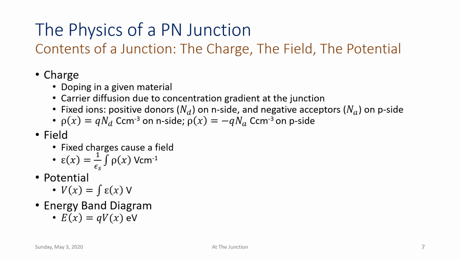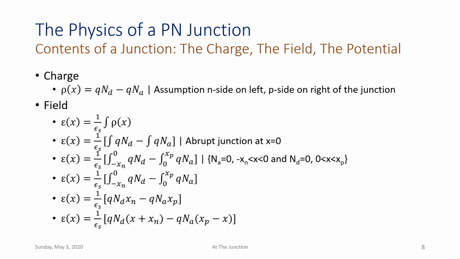The integral of the electric field provides us the potential, and Q, which is the charge, 1.6 times 10 power minus 19, times the voltage, provides us the energy. We could express this energy in electron volts.